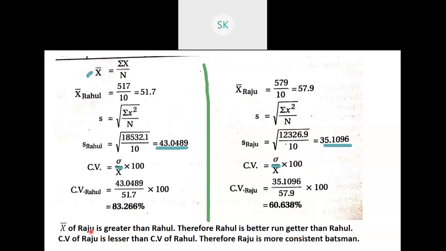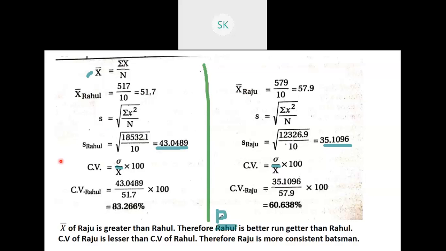X bar of Raju is greater than Rahul. X bar of Raju is 57, Rahul is 51. So X bar of Raju is more than Rahul. Therefore, sorry, Raju is a better run getter than Rahul. Let's correct this up here. This is not Rahul, it is Raju.